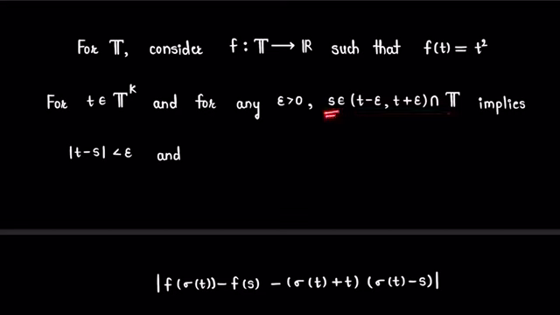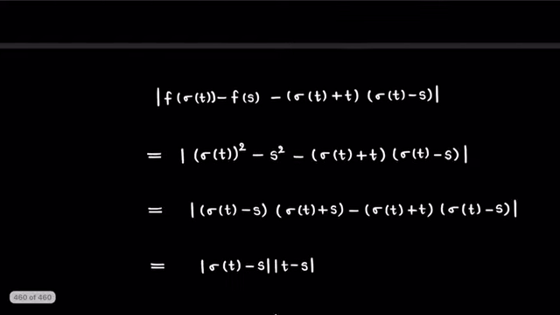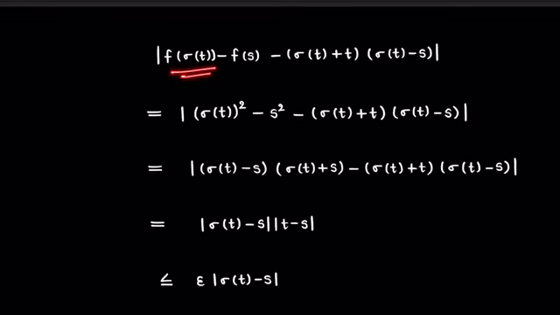Now, since s is in this neighborhood, we have modulus of t − s strictly less than epsilon. Or in other words, since s is a point in this neighborhood of point t, the distance between s and t will be strictly less than epsilon. This is clear. And further we have modulus of f(σ(t)) − f(s) − (σ(t) + t)(σ(t) − s).